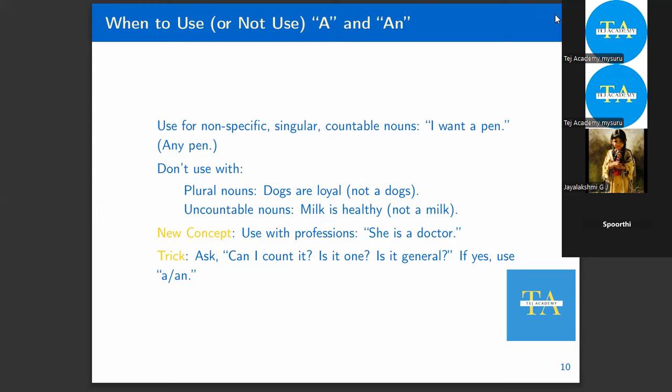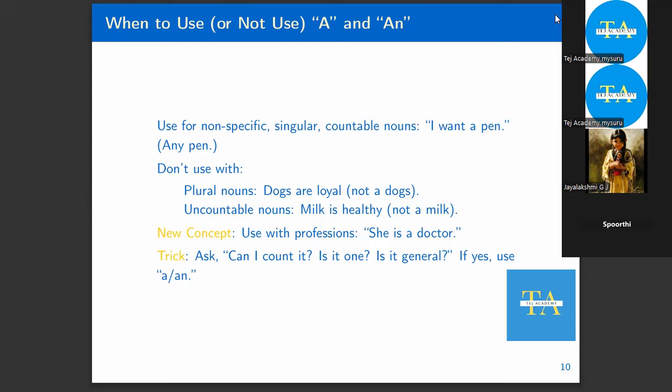Okay, and here we have a new concept that is used with professions. When someone is in a profession, we use a in front of it. She is a doctor. She is a pediatrician, or he is a professor. And what about the words which start with a vowel sound? He is a scientist.